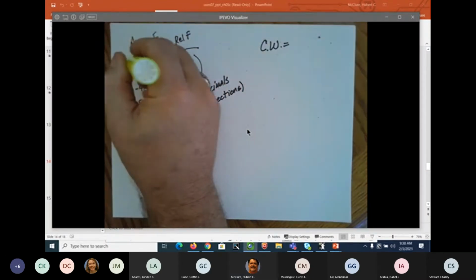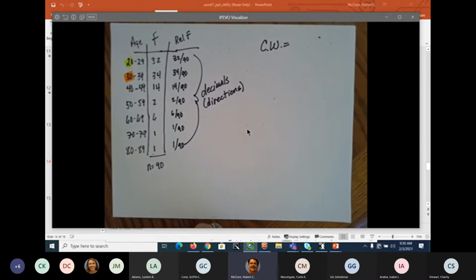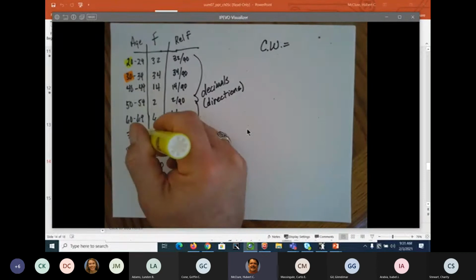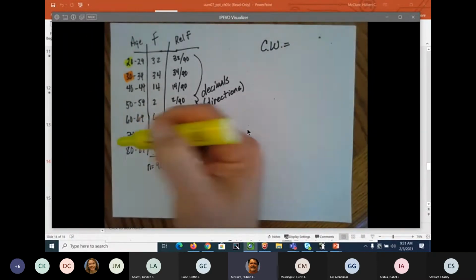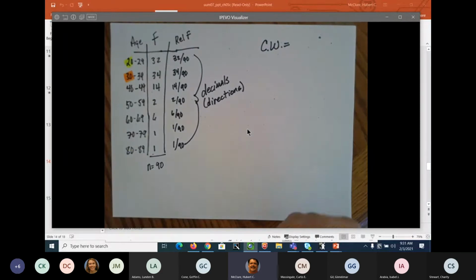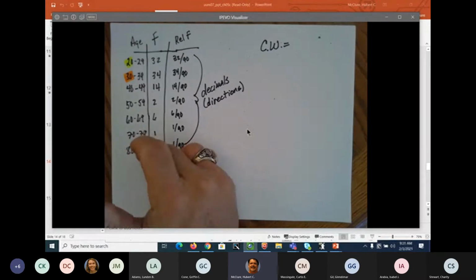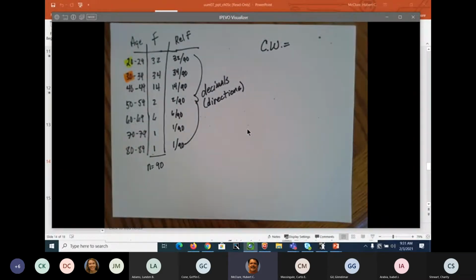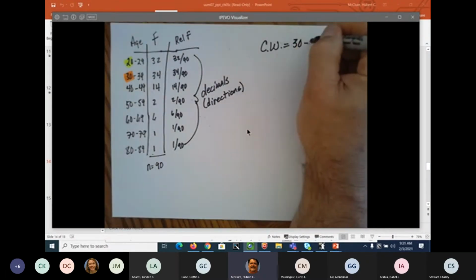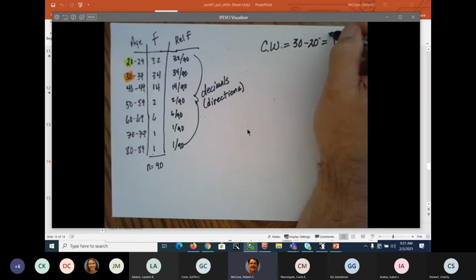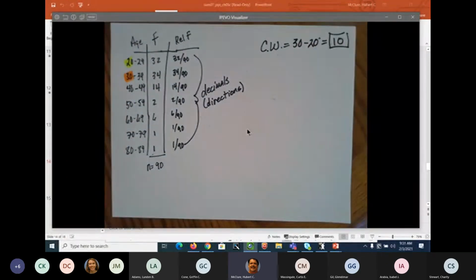Miss Stewart might pick 89 minus 79. I don't care as long as they're vertical and corresponding, meaning one follows the other. You can't pick 89 and 49, because they're not corresponding. So 30 minus 20 is equal to 10, and 10 is our class width.